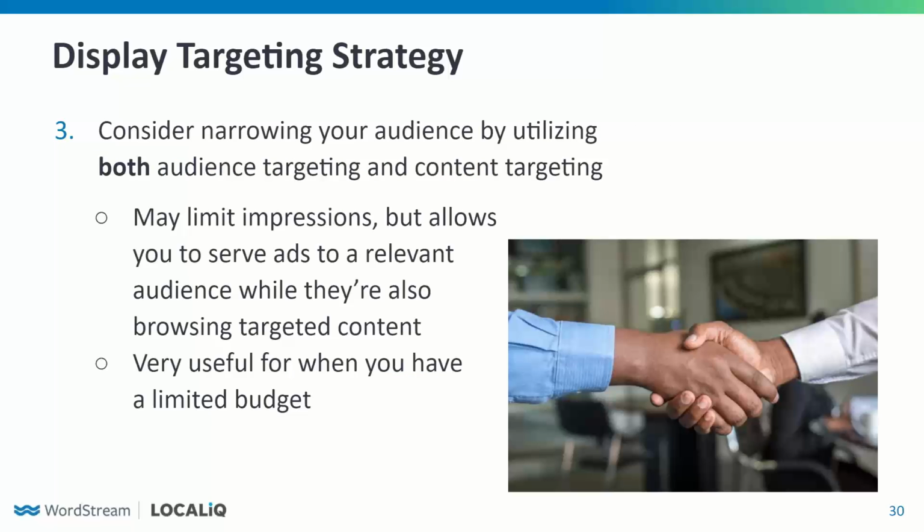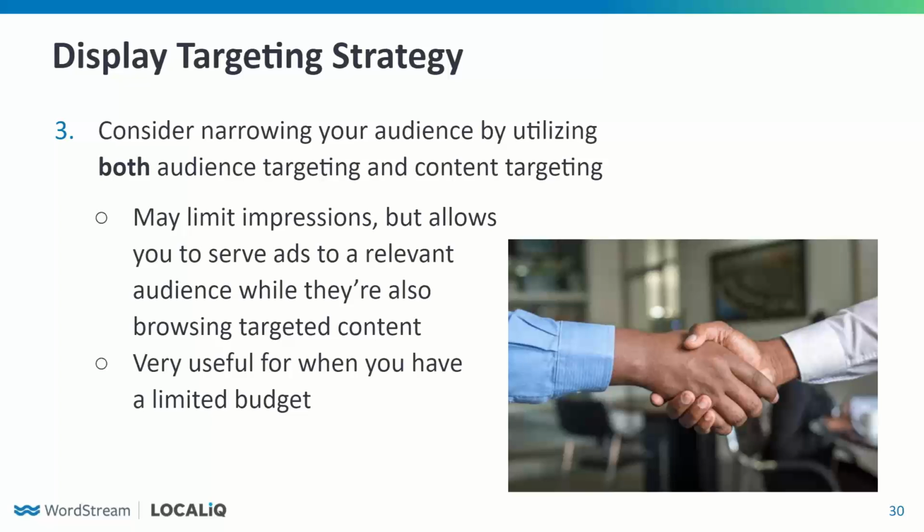Third, consider narrowing your audience by utilizing both audience targeting and content targeting simultaneously. So this is a slightly more advanced strategy since it's taking two different types of targeting options and putting them together. But it is something that, especially in lower budgets, can really let you hone in on a particular audience.